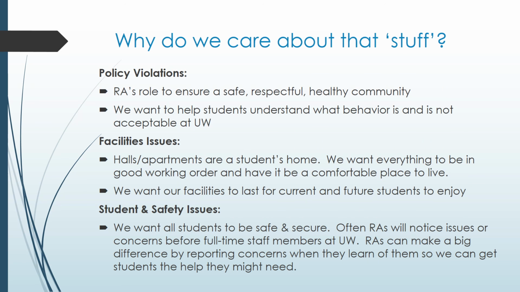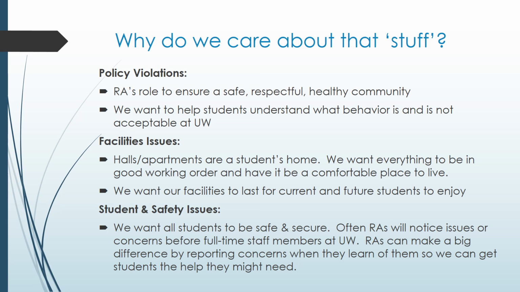Before I go on to what to do in these different situations, I want to talk about why you all as RAs should care about these things that might happen. For policy violations, we care because it's the RA's role to help ensure that students have a safe, respectful, and healthy community, and our policies are really there to make sure that happens.